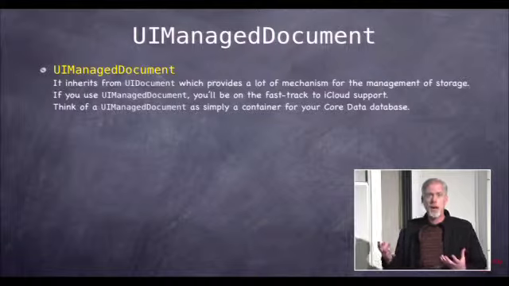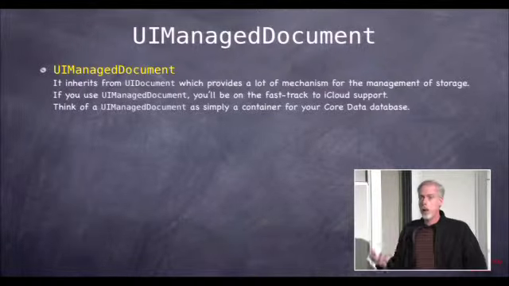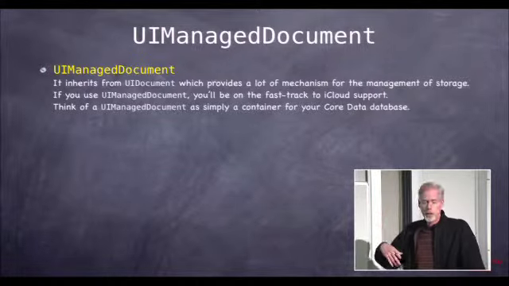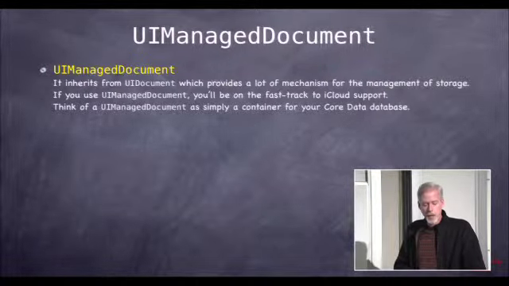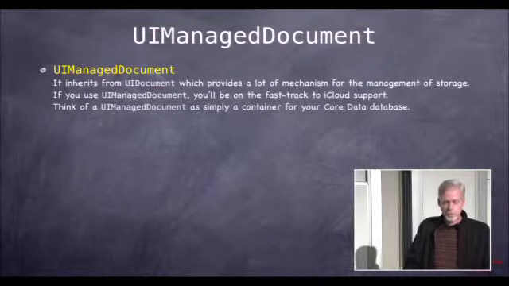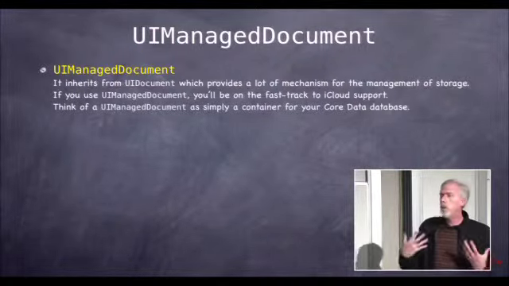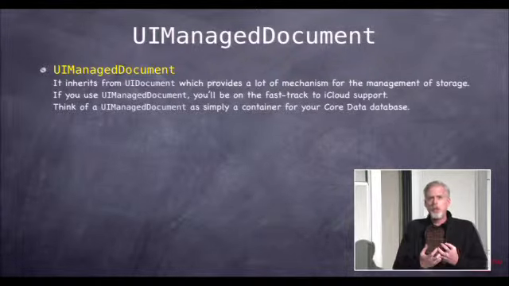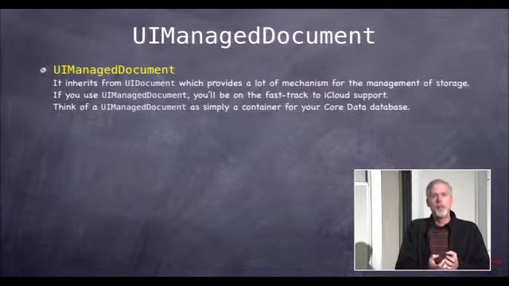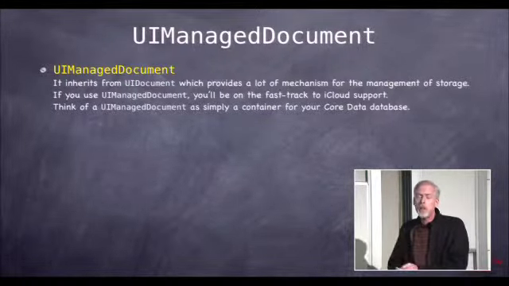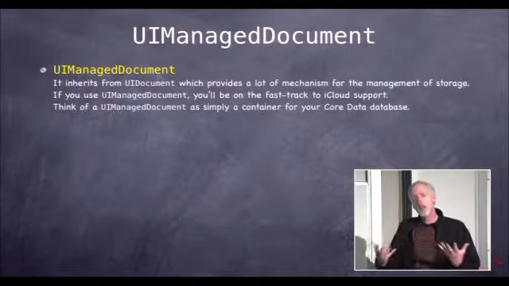If you want to support iCloud in your app, you're probably going to want to use UIManagedDocument. It does a lot of the mechanism for pushing things up to the cloud and pulling them back down, which we'll hopefully be talking about in a lecture, maybe even next week. But really, you want to think of UIManagedDocument as a container to hold your core data database. And that container provides a little bit of functionality so you can save your database, open up your database, things like that.